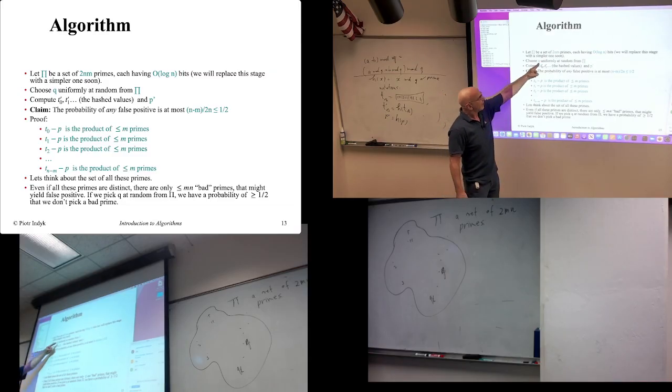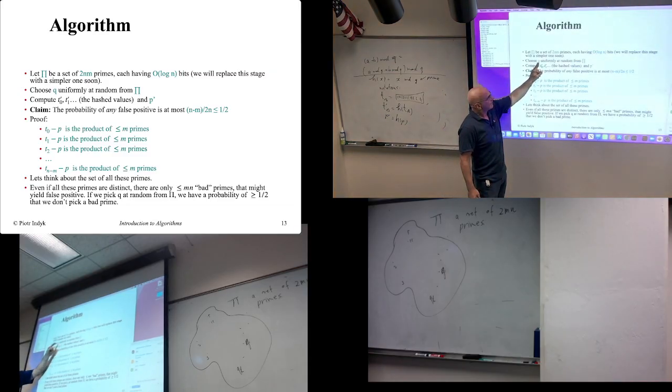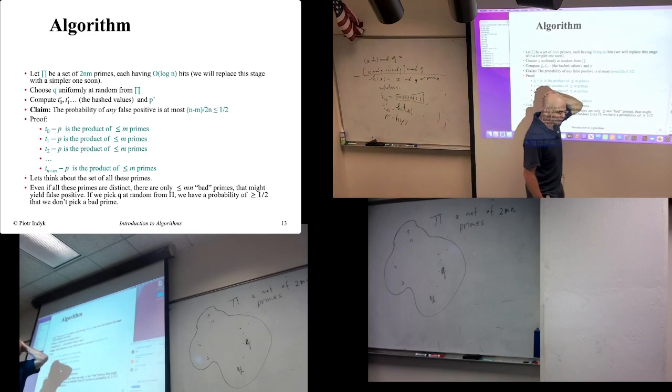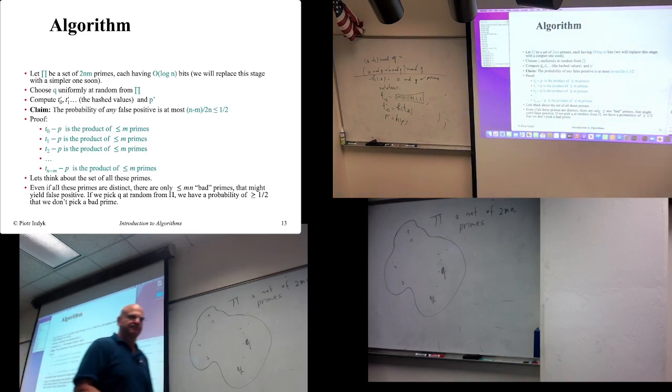And now I pick a prime q from Pi at random, and I run my algorithm. And I ask, when I'm picking q at random, how many false positives might happen? Possibly the answer is many. Maybe the input is designed so viciously that there are a lot of false positives.